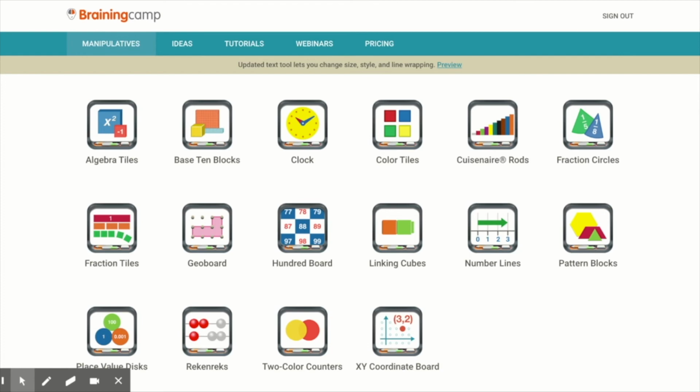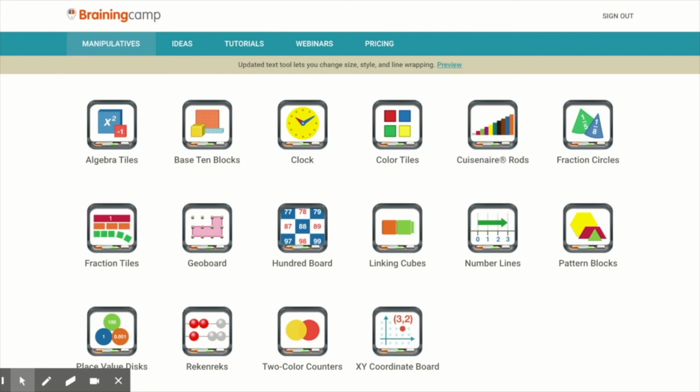Braining Camp is embedded into most of the activities that your students have been doing online this school year during distance learning, and it's going to be embedded in the activities and tasks that your students are doing the rest of the school year as well.